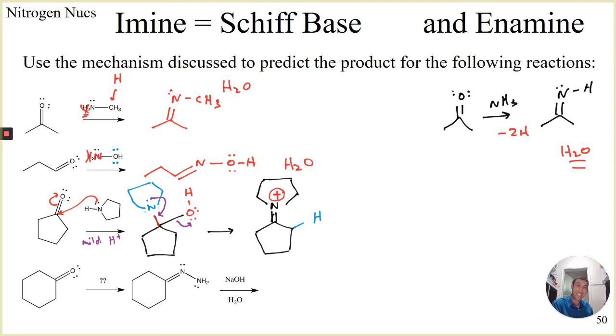So what can end up happening is our oxygen, with that potential negative charge, can come in, remove the hydrogen, shuttle electrons across, and what happens? We would have the pi bond between the carbons. We'd have our nitrogen up top with its lone pair.